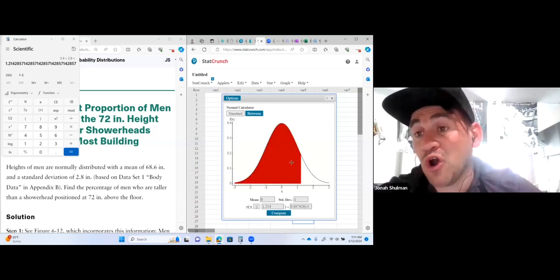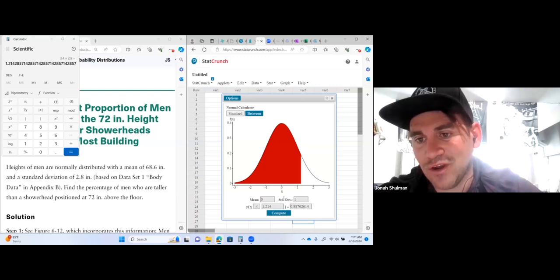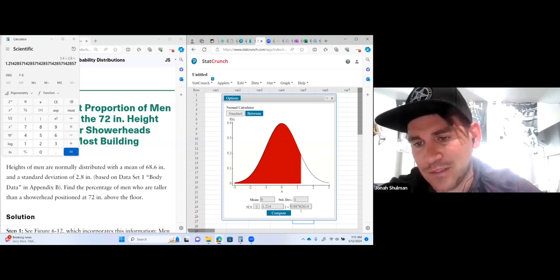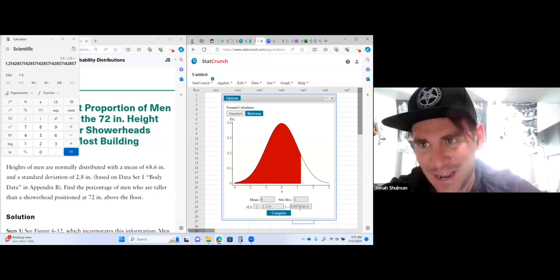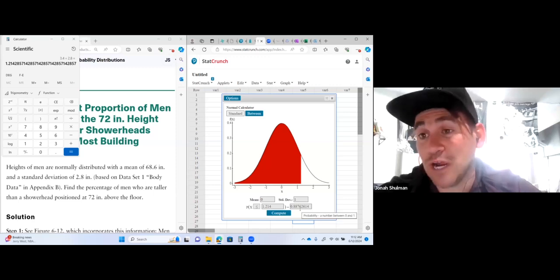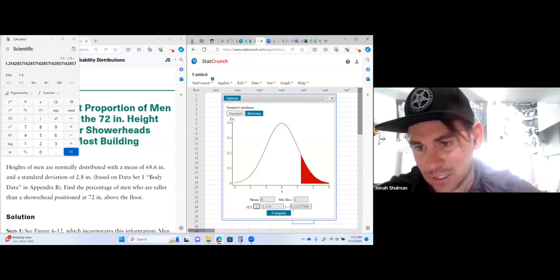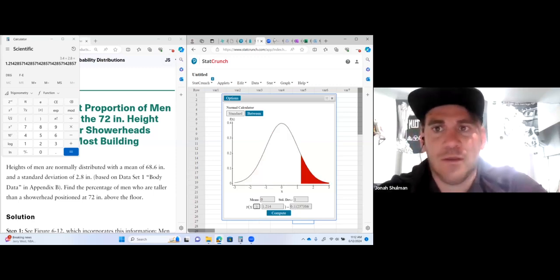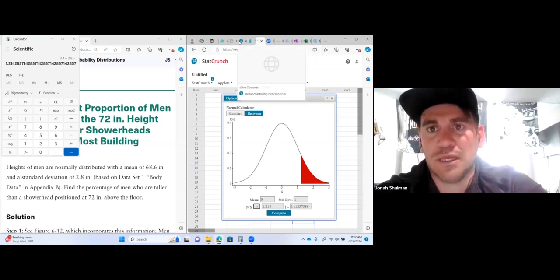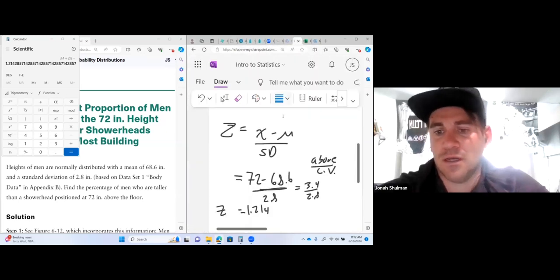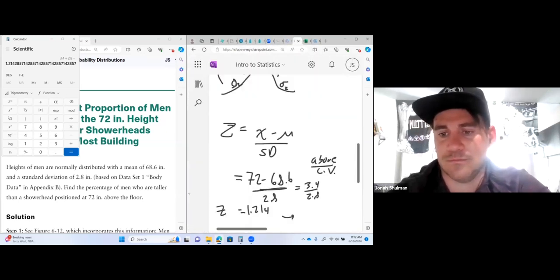However, we want everybody who's taller than this, right? So if we know 88.8% is smaller, we just subtract it from 1. However, this one does this move. None of the other ones does this move, and we can just get the 0.112. That's what we got, 11.2%. Ta-da! I'm assuming this is what it's going to give us.